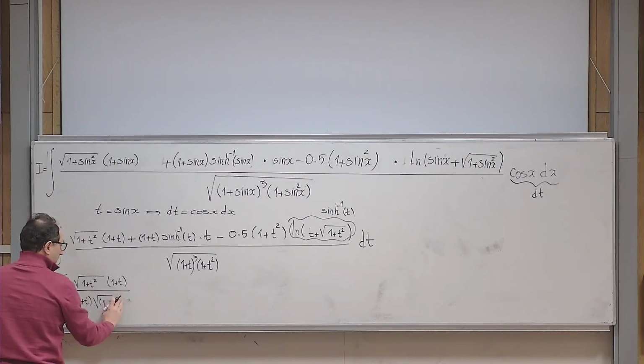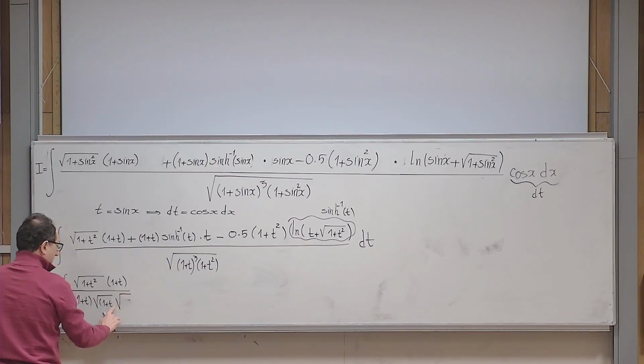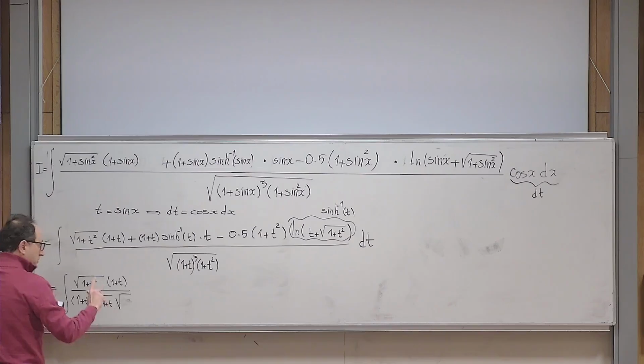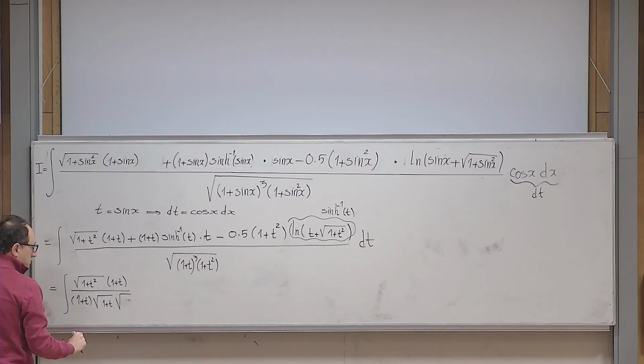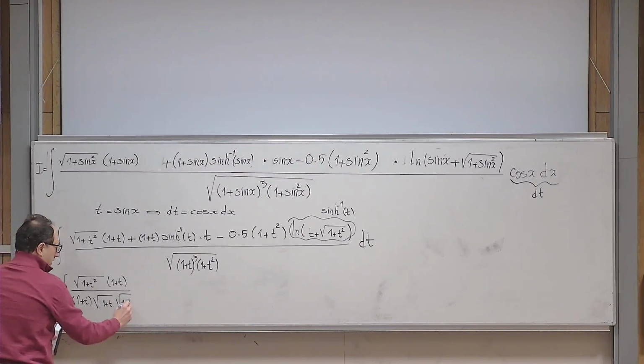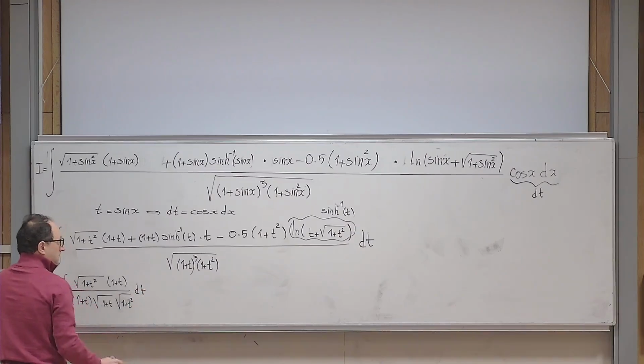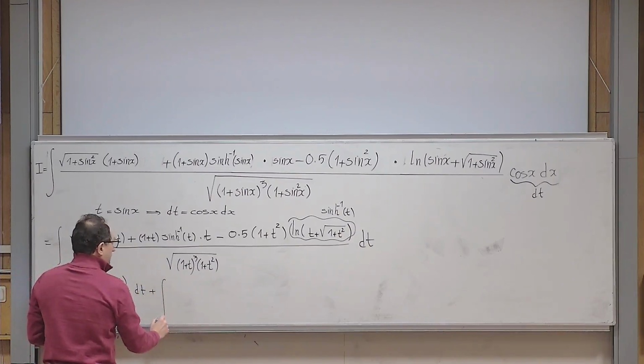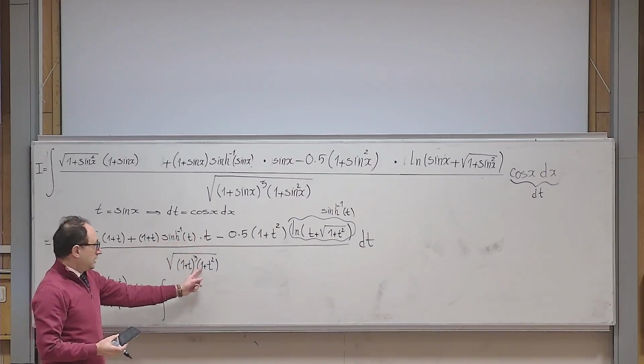Yes, let me write it like that, because in the next step I want to simplify that. So I will decompose it into two square root signs. One of them I can write like this, the other one like this, and then dt, and then plus another integral, what is left divided by that expression.